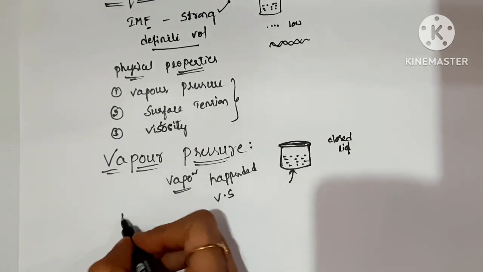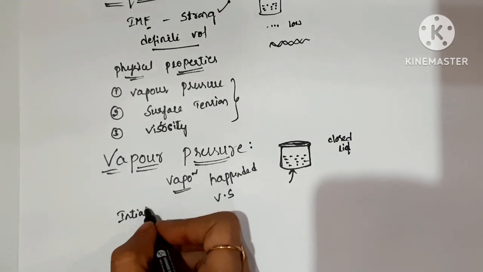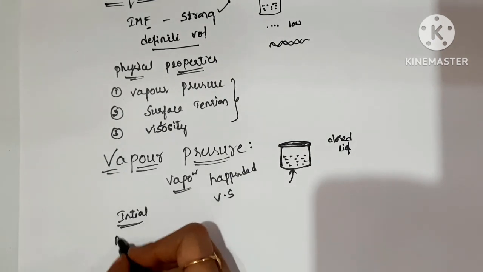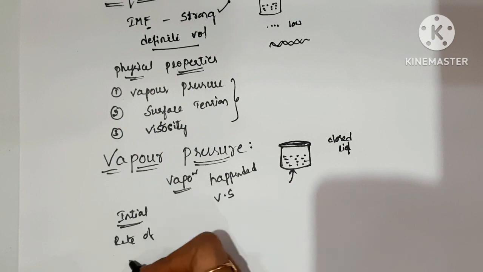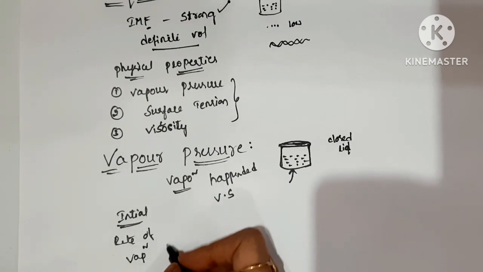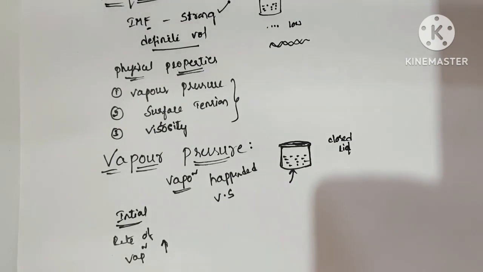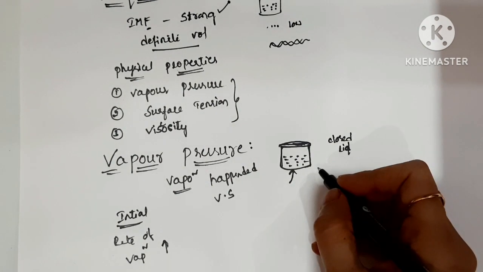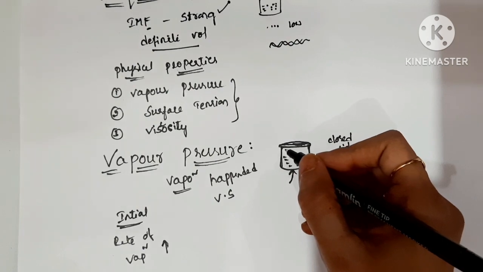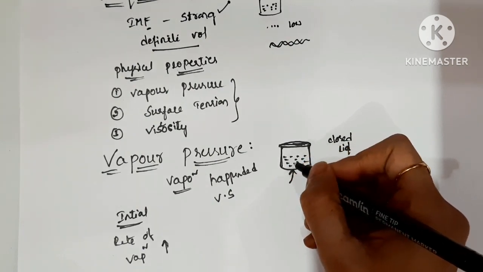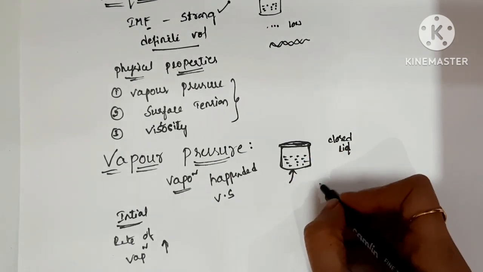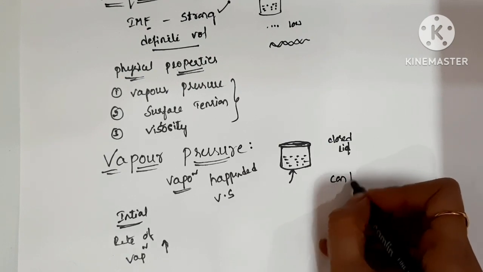In the initial stage, the rate of vaporization is high, and slowly over a period of time, this vapor state again converts to the liquid state. That means condensation happened.